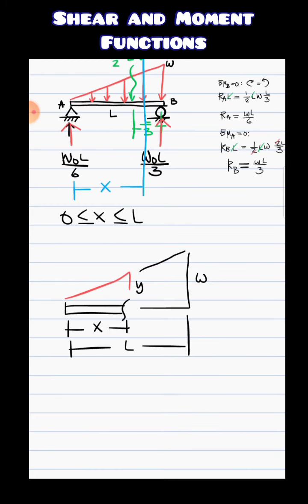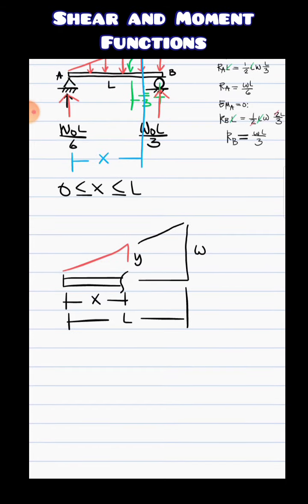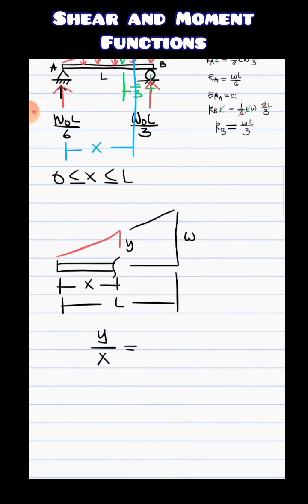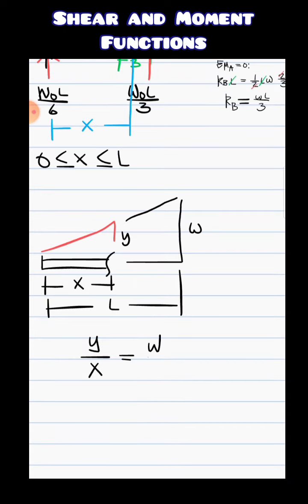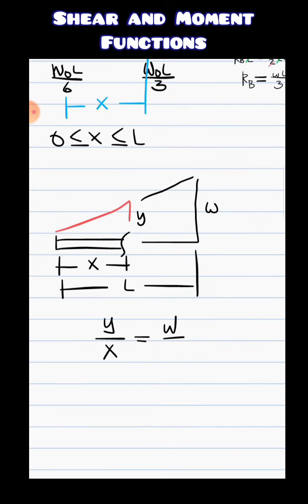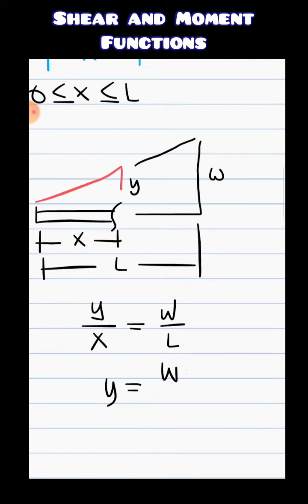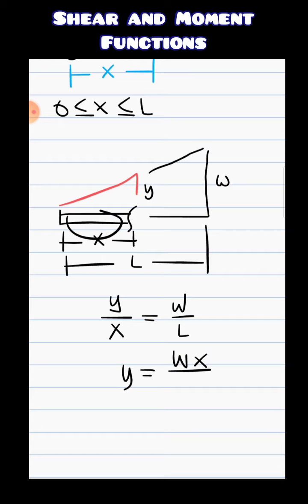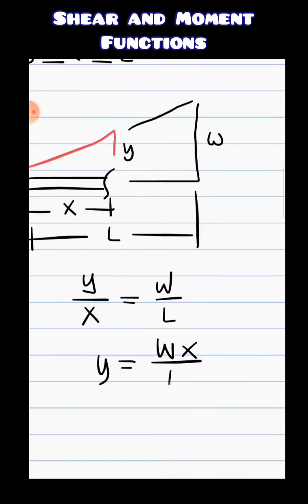Since these triangles are similar, y is to x as W is to L. So the height of this is going to be W times x, how far we are from our starting point, divided by L.